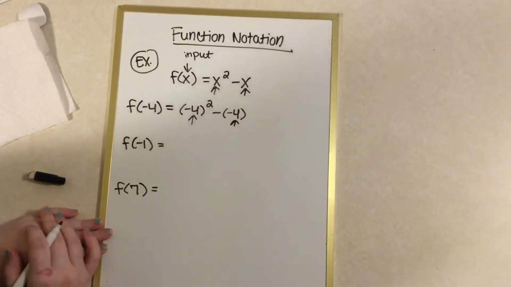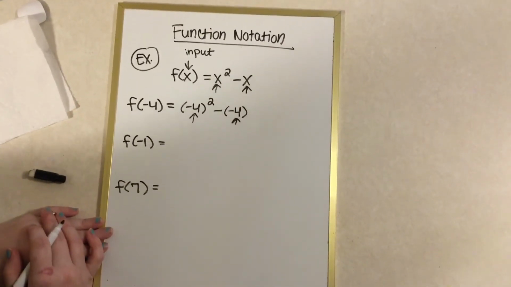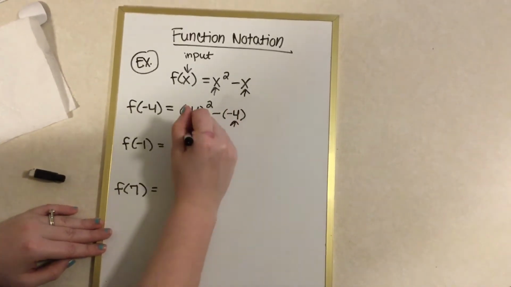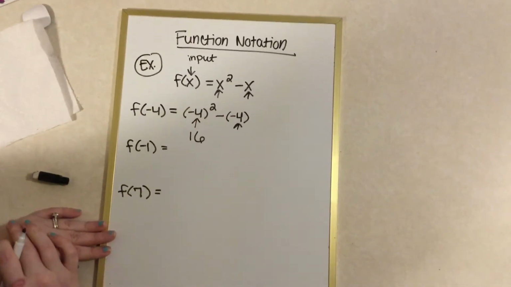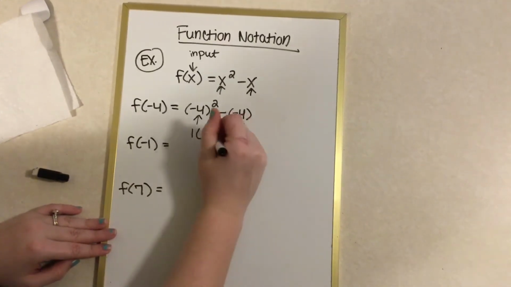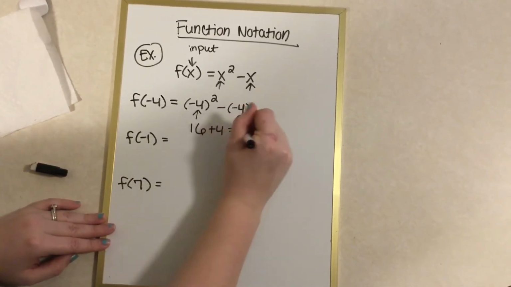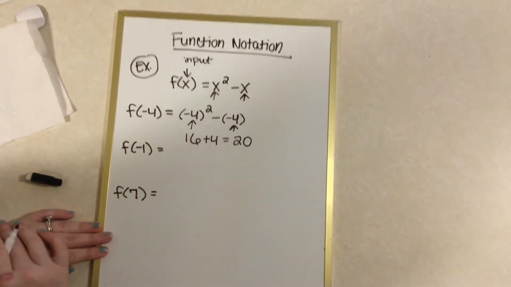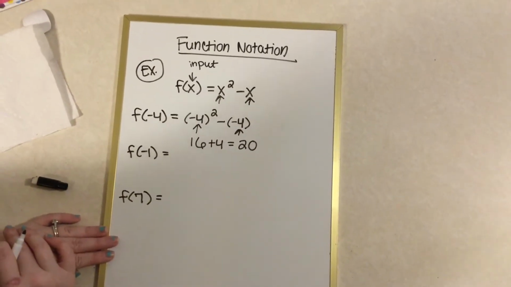The parentheses make a huge difference if you're plugging this into a calculator. Negative 4 squared is going to be a positive 16. Minus negative 4 will change to a plus 4, and that's going to give us 20. So f of negative 4 is going to equal 20 when we plug that in.